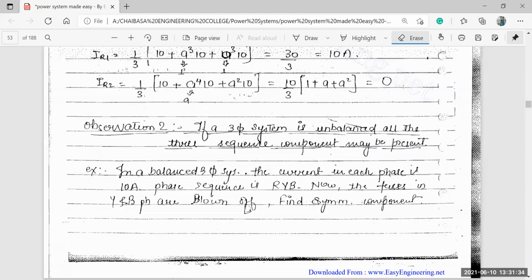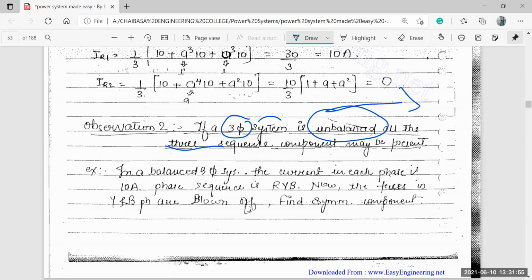Right, now observation number 2. It says if a three-phase system is unbalanced, then all three sequence components may be present.